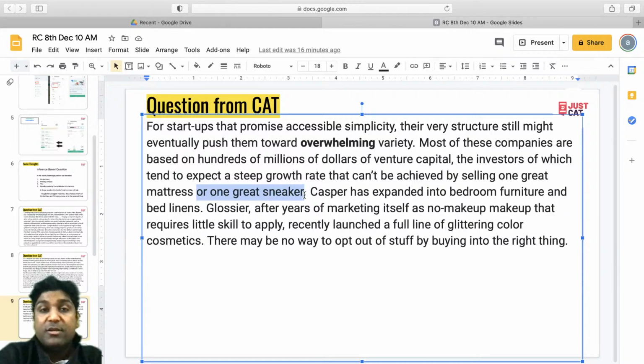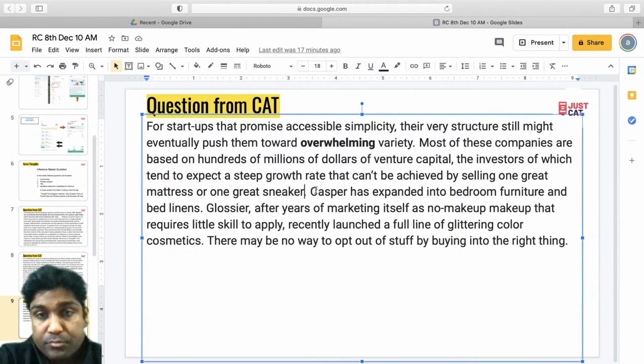So they're saying that these companies are based on hundreds of millions of venture capital, the investors of which tend to expect steep growth rate.